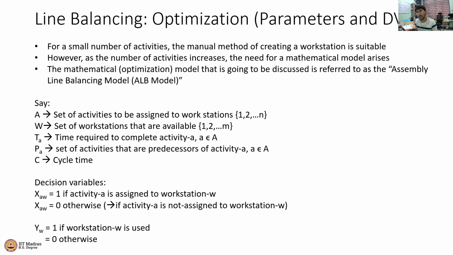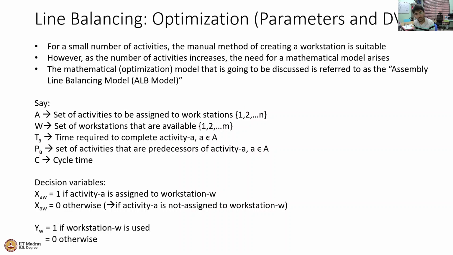So say that you are given a set of activities A, and there are n activities. These n activities have to be assigned to workstations such that there are m workstations. And the activity time for each of these n activities is given by TA.